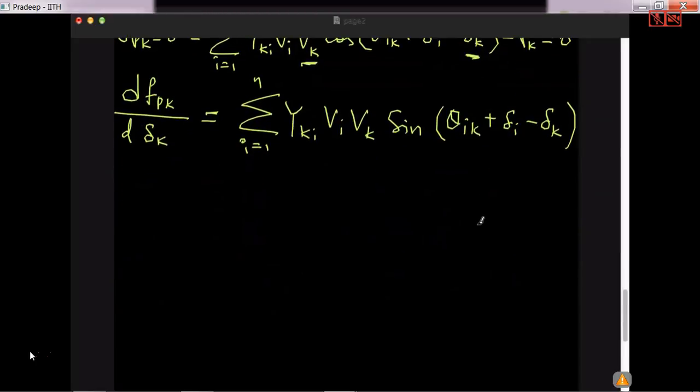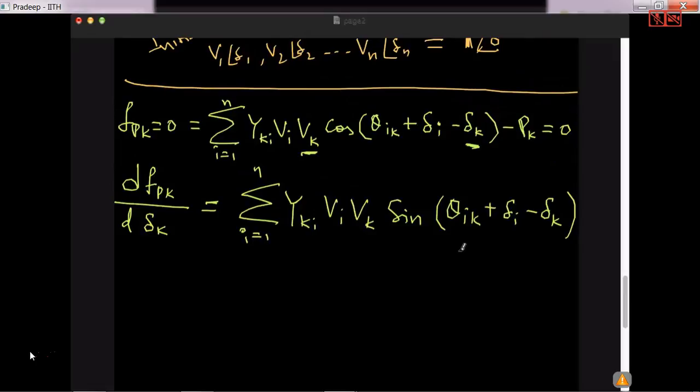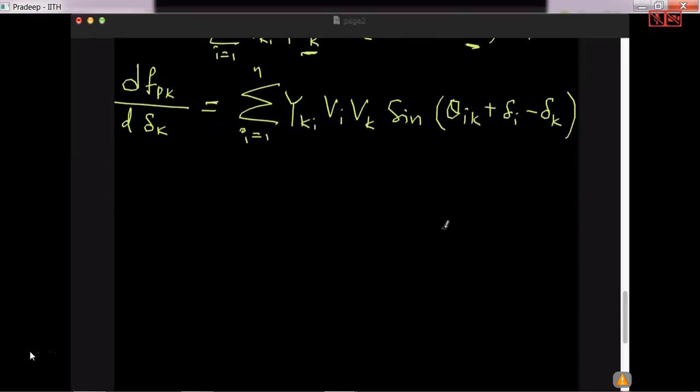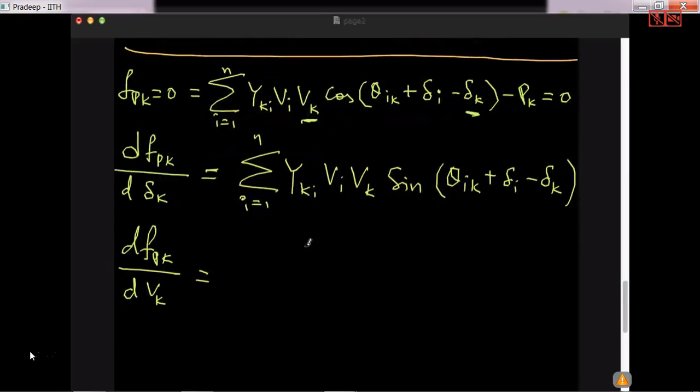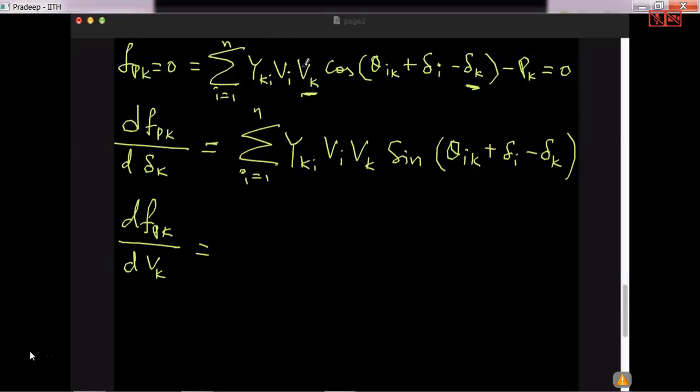Now if you notice, this is nothing but minus Qk, but that is another detail, we'll come back to it later. I want to differentiate the function Pk once again with respect to Vk, the voltage of bus k. If Vk is the variable, then all the terms will remain except Vk.